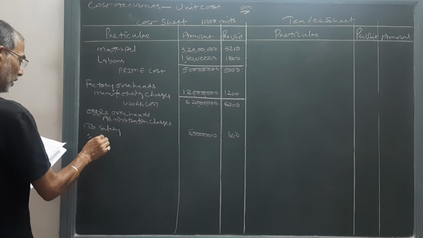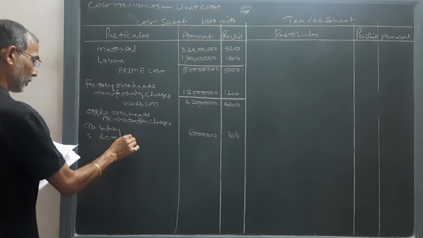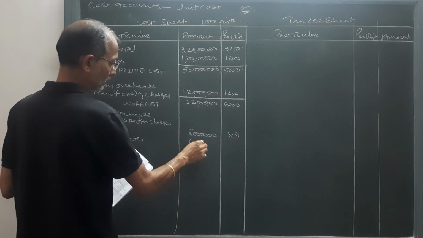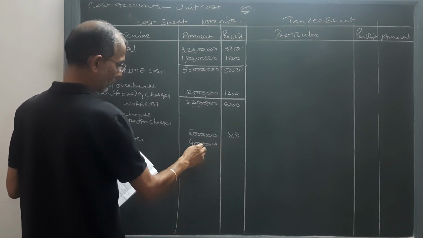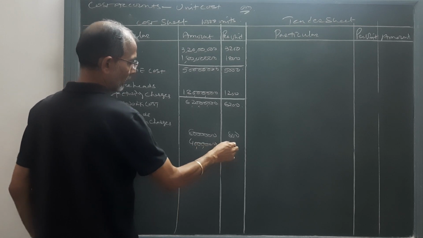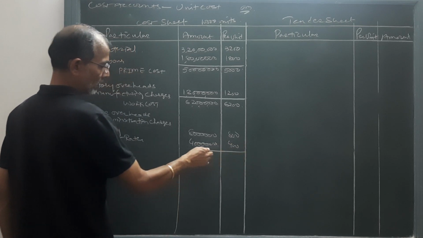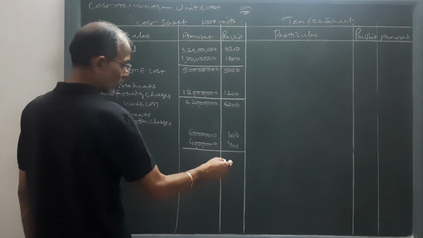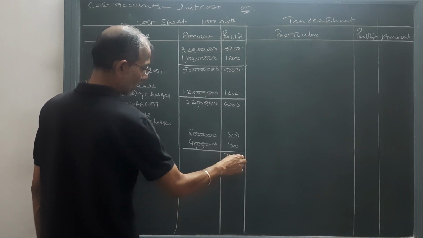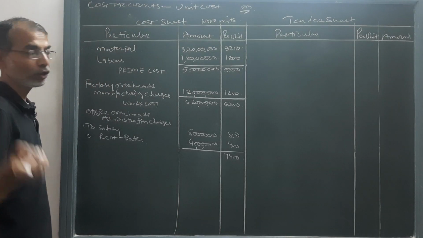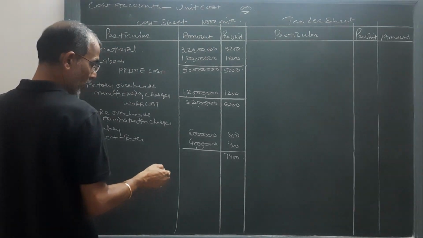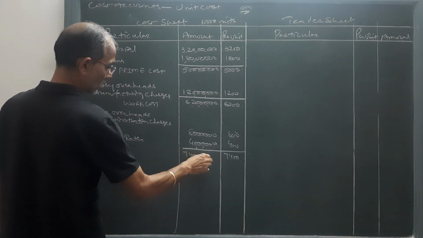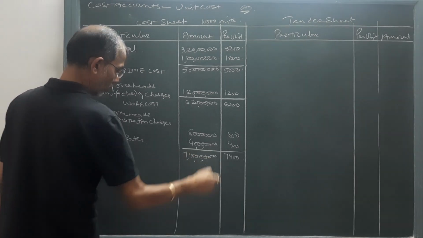And rent and rates are 40 lakh. So that will be 400. And 7,400 will be per unit cost, which is office cost. So 7 crore 40 lakh is office cost.